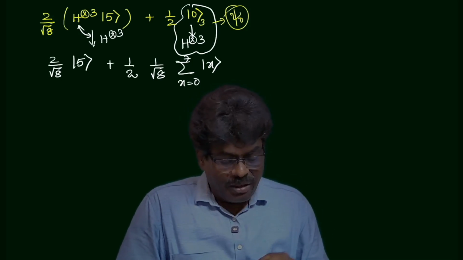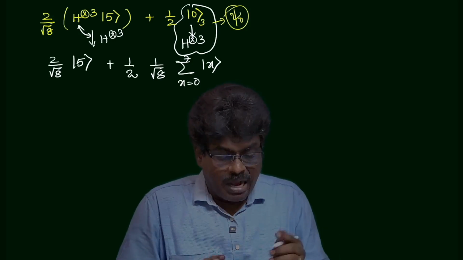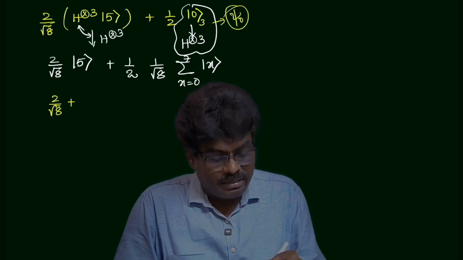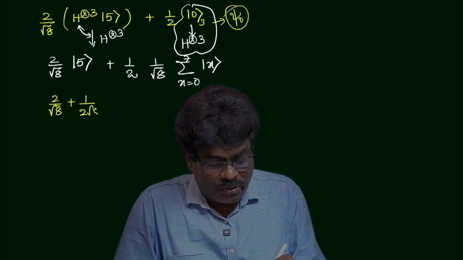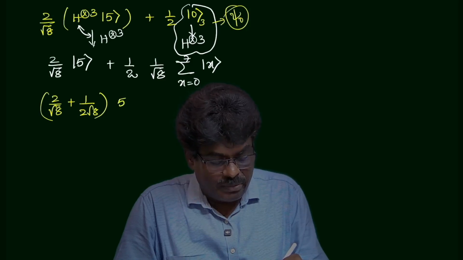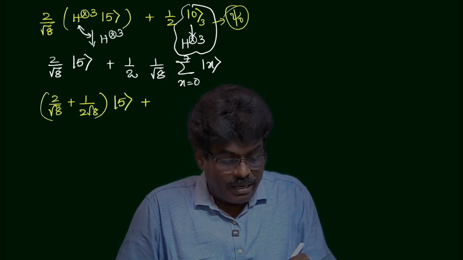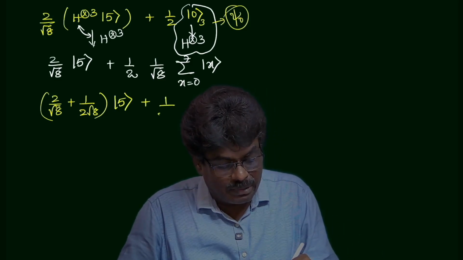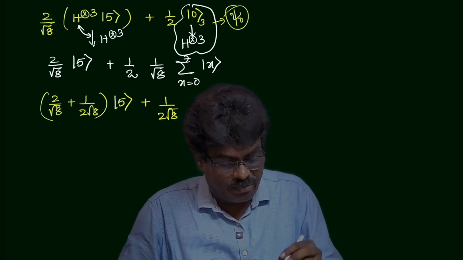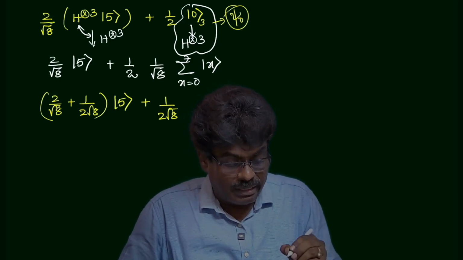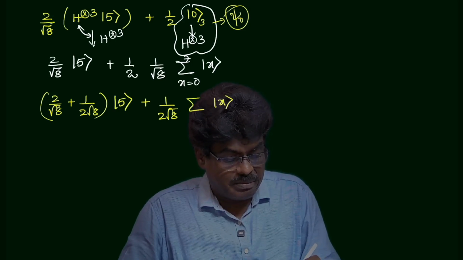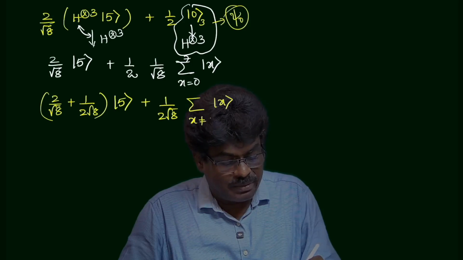Now I'm taking common again, so 2 over root 8 plus 1 by 2 root 8 into the target, and all the remaining states will have the same amplitude, that is 1 over 2 root 8. And in this case here we have x, but x is not equal to 5.